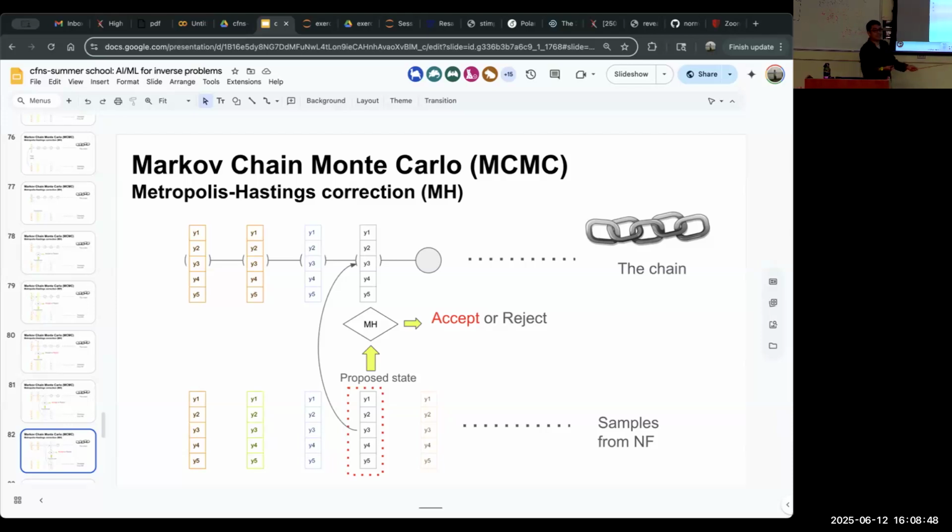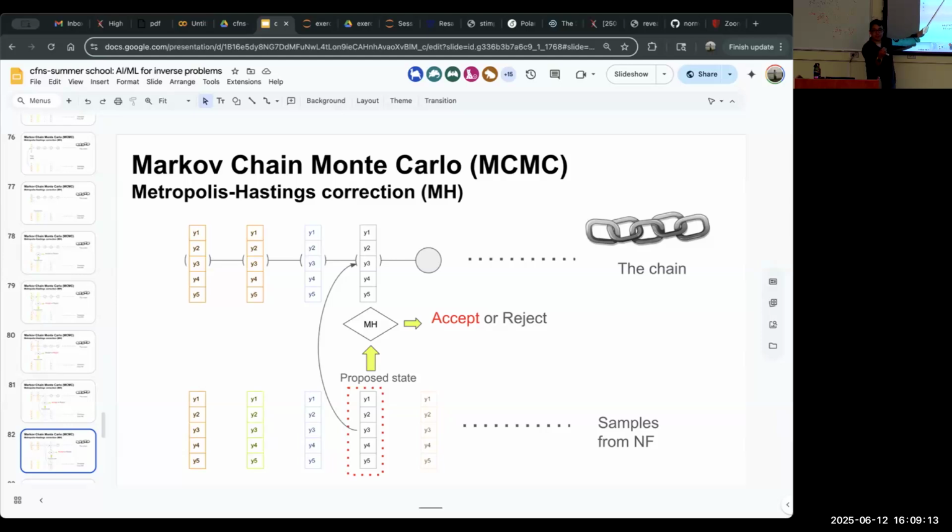You can see that if you train an absolutely garbage normalizing flow, it is likely that you are not going to accept many samples, so your acceptance rate is very low. But if you tune your normalizing flow absolutely perfectly, then you are going to accept everything, and you have a perfect sampling.